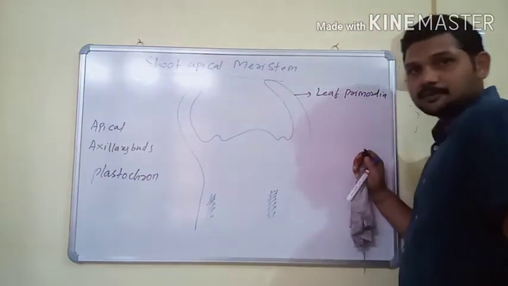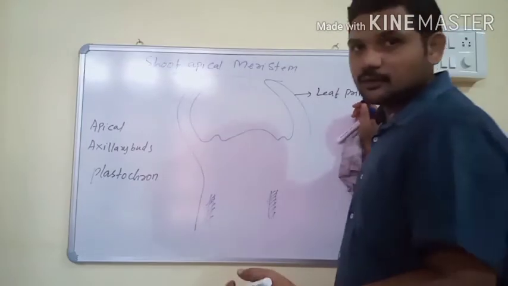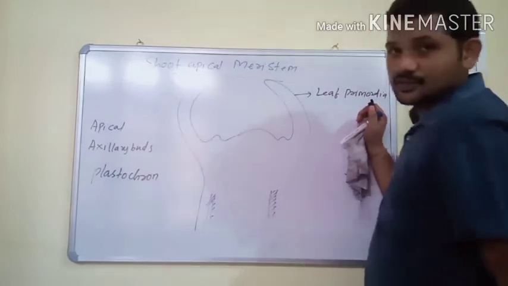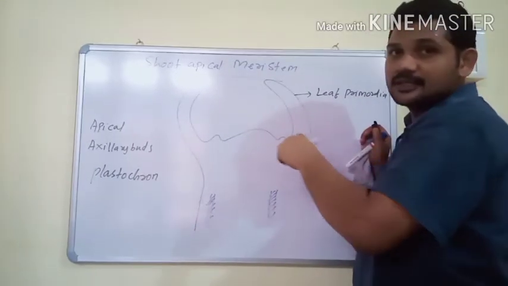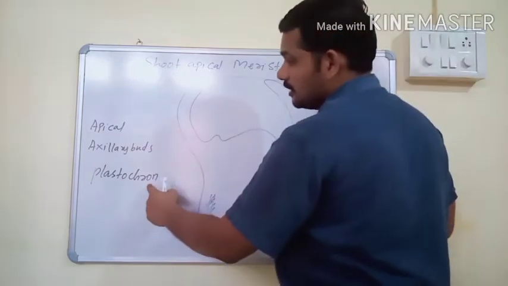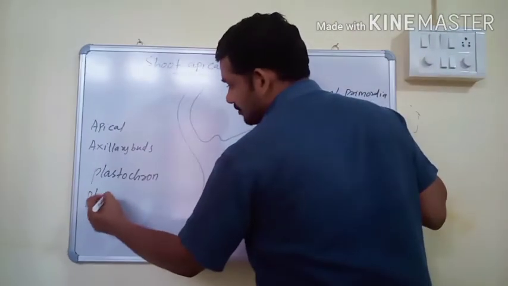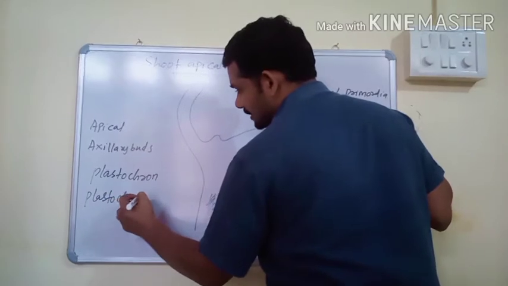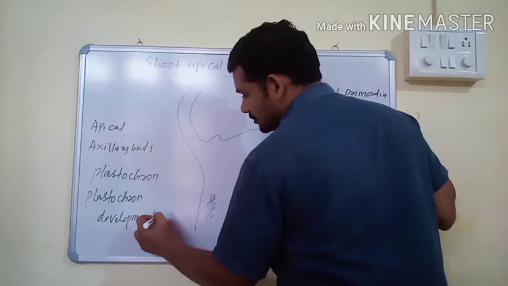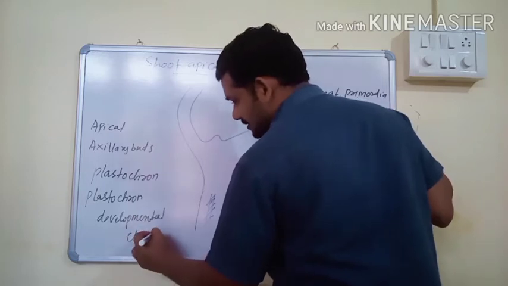During this time a number of developmental changes occur, and these changes are also called plastochrone developmental changes.